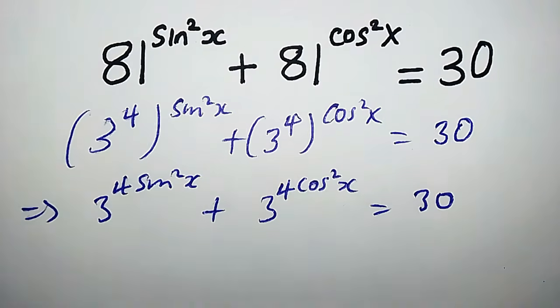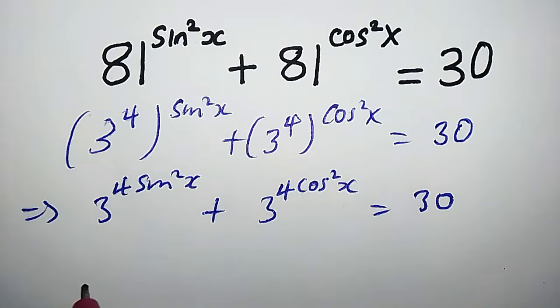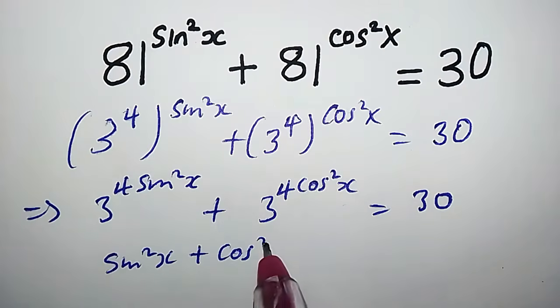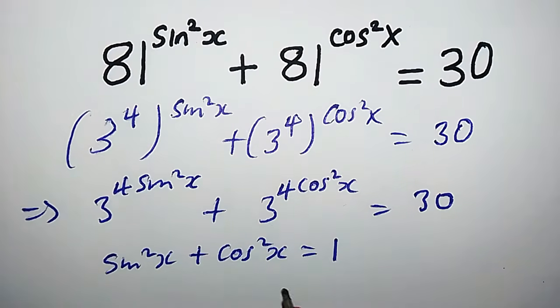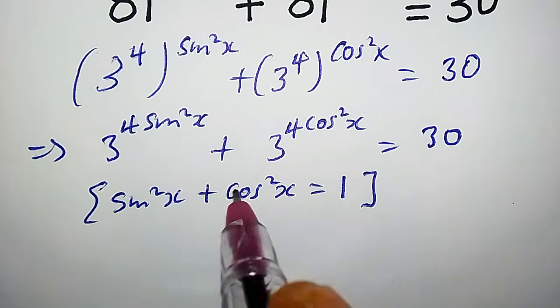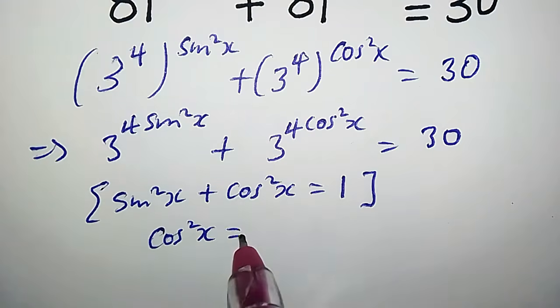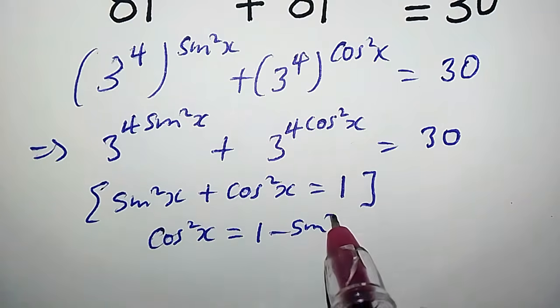At this stage, we have to recall this identity from trigonometry. It says sine square x plus cos square x is equal to 1. Take note of this identity property, but we can rewrite this identity as cos square x equal to 1 minus sine square x.